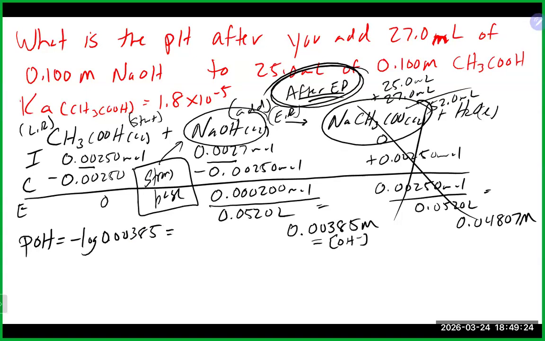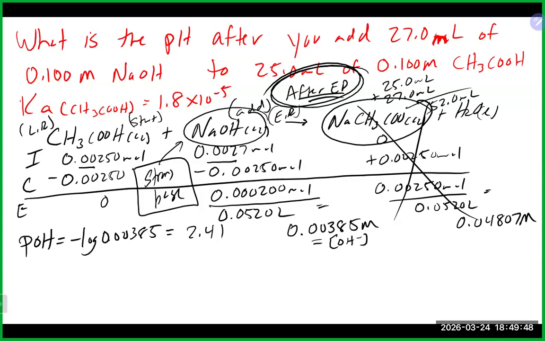And that means we can calculate the pOH: minus the log of 0.00385, it looks like. That's going to get you 2.41 for the pOH.